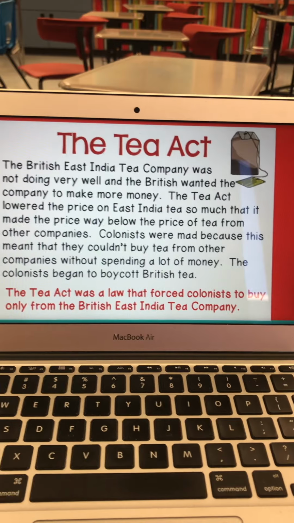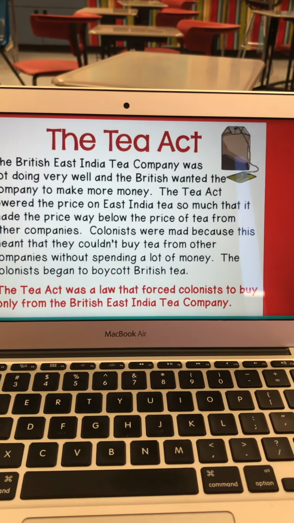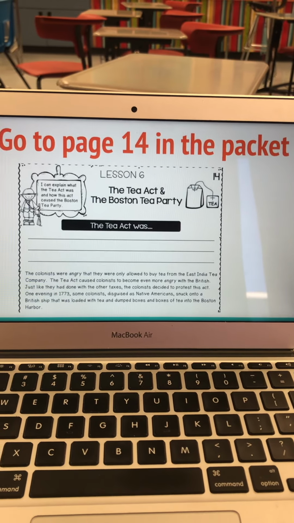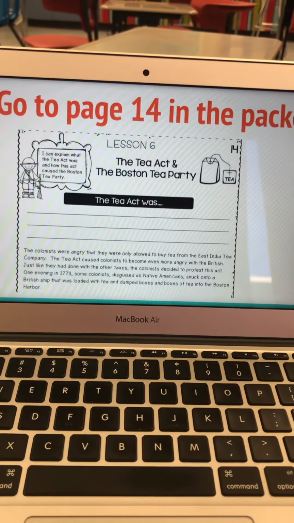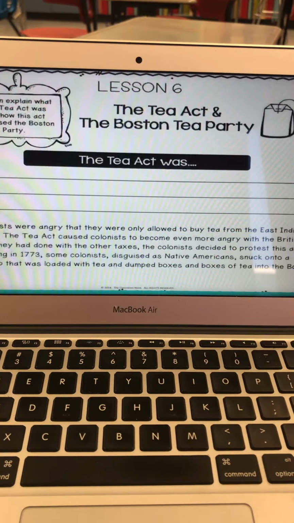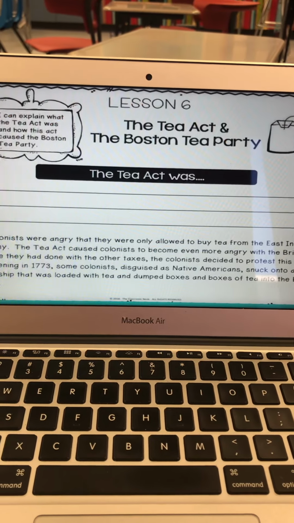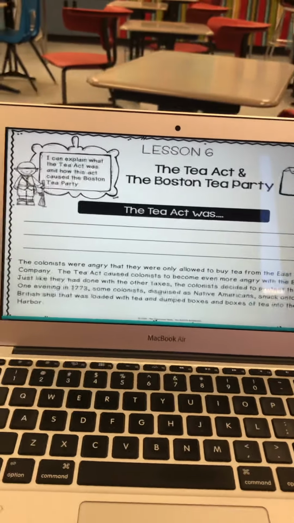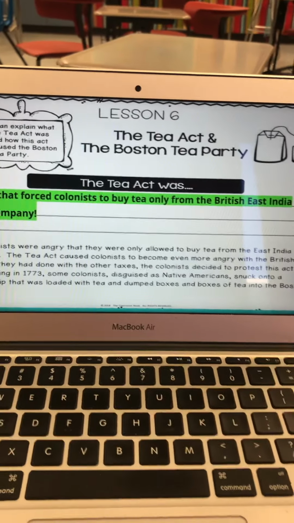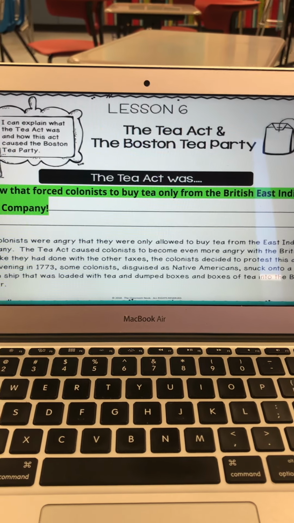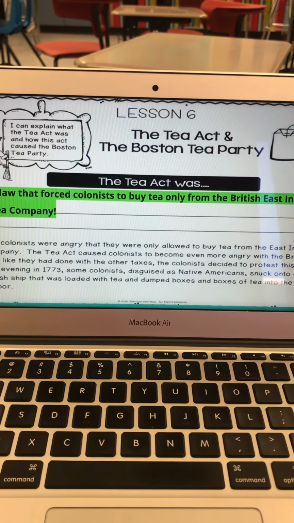But before we talk about the consequences of the boycotting or what they did to boycott, I want you guys to go to page 14 in the packet and write down what the Tea Act was. Here's another view of it. The Tea Act was a law that forced colonists to buy tea only from the British East India Tea Company.